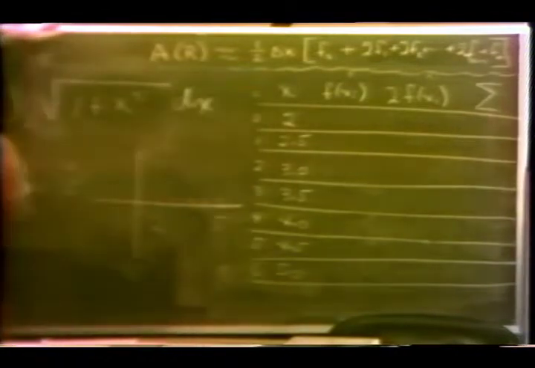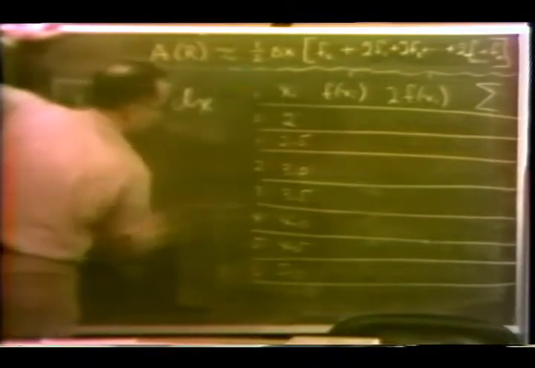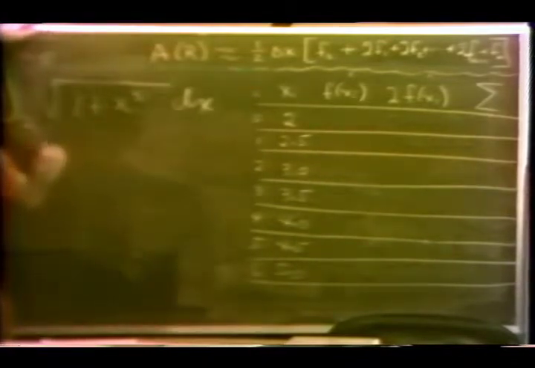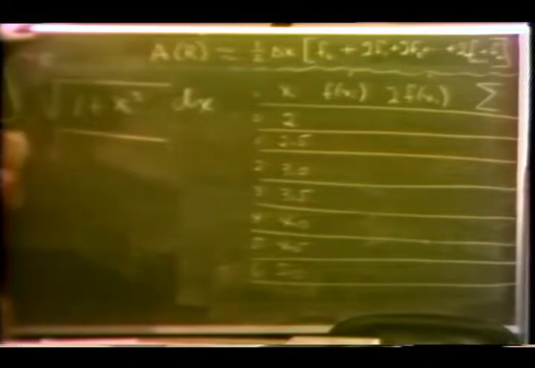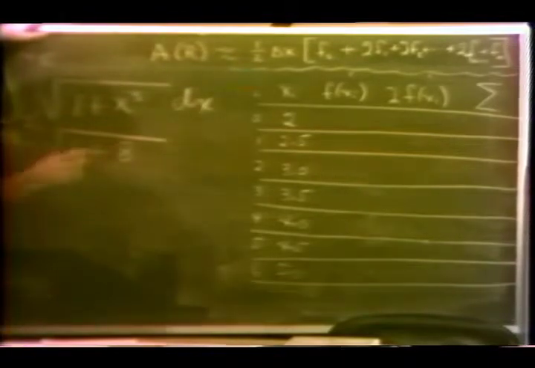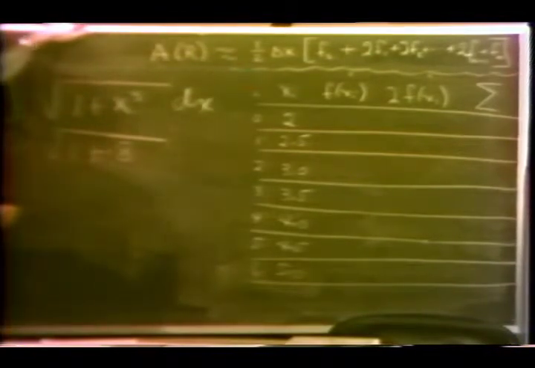Now, not quite as easy here. What do we have for f of x 0? f of 2 is equal to the square root of 1 plus 2 cubed, which is 3.